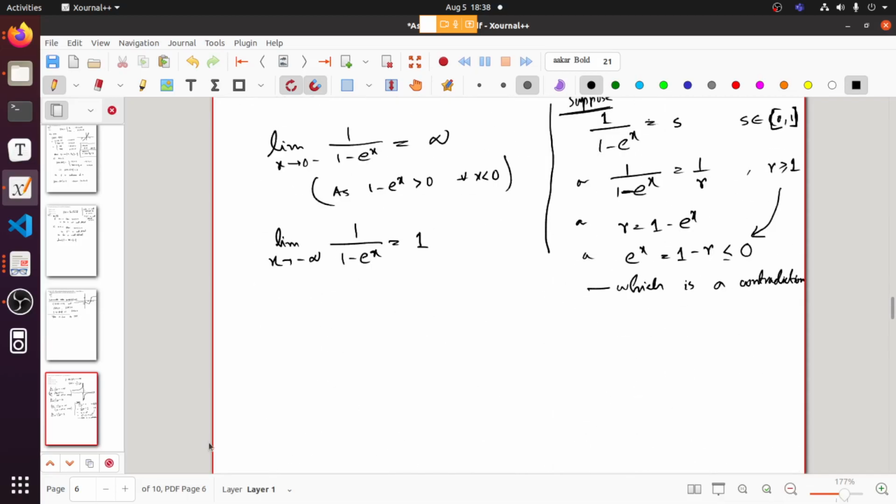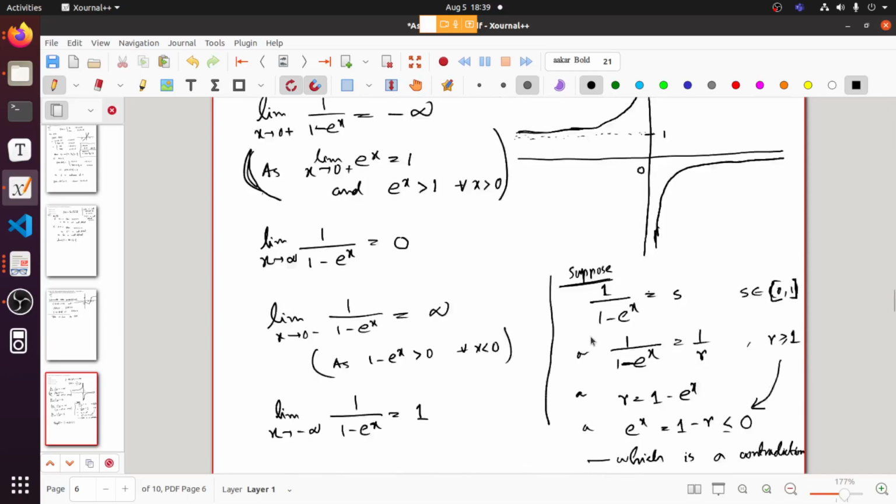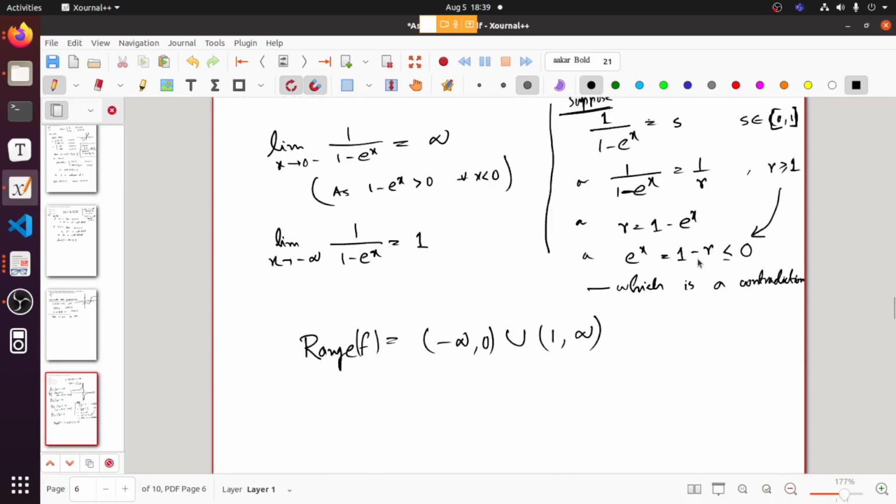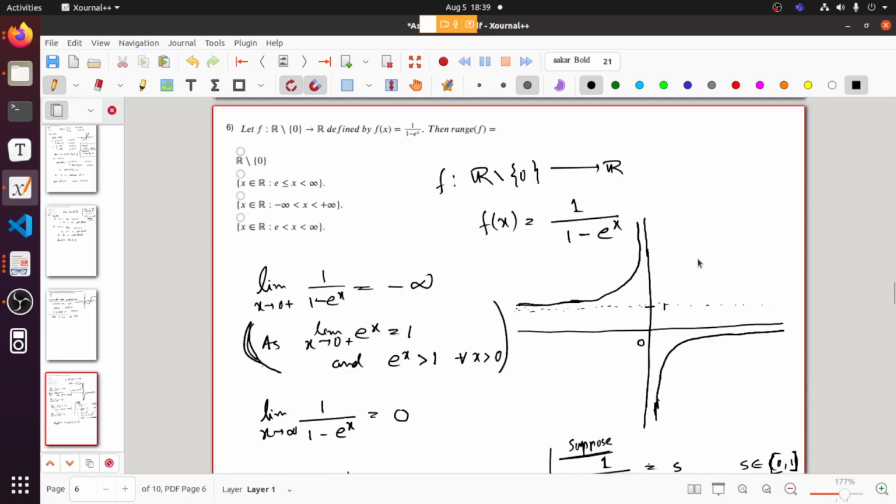So what will be the range? The range of f will be minus infinity to 0 union 1 to infinity, right? So this is the curve. Is this fine? So which option is correct?